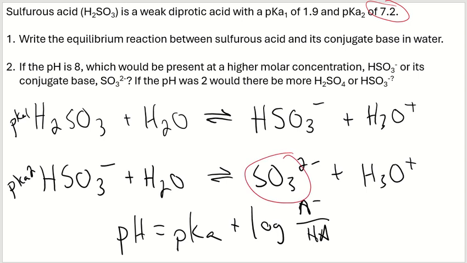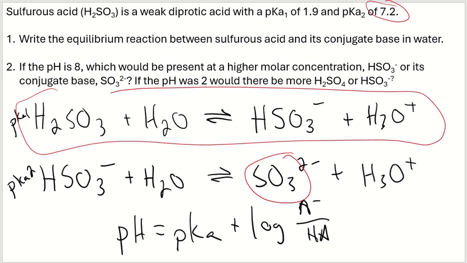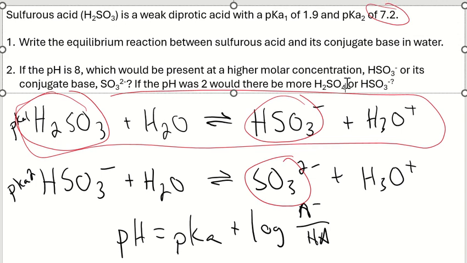Now looking at the other example, if the pH was 2, so now we're looking at the lower pKa value. We want to know, would there be more H2SO3 or more HSO3 minus? And my apologies, I need to correct that right there. That should be a 3. pKa is 1.9 for this first pKa value.